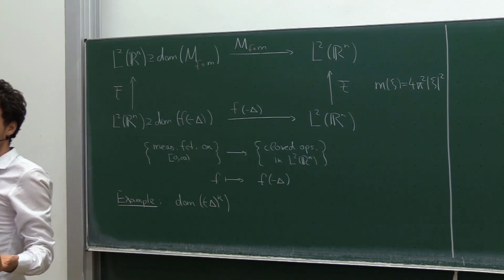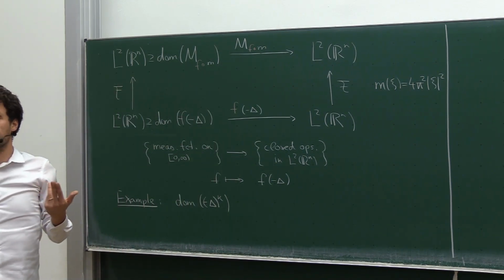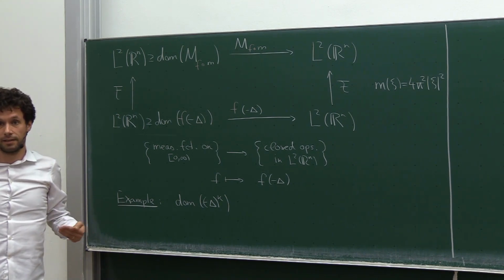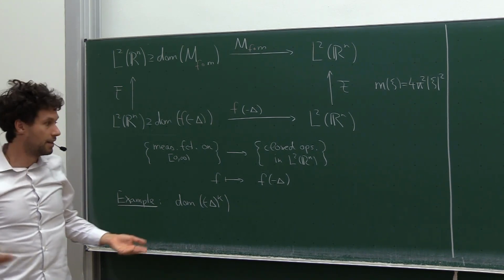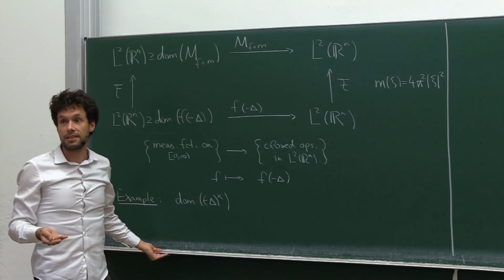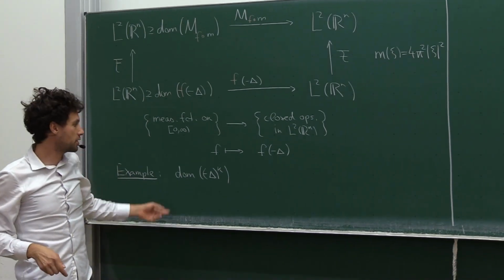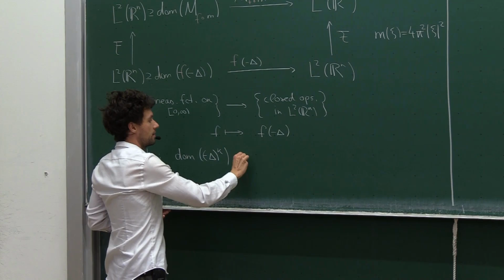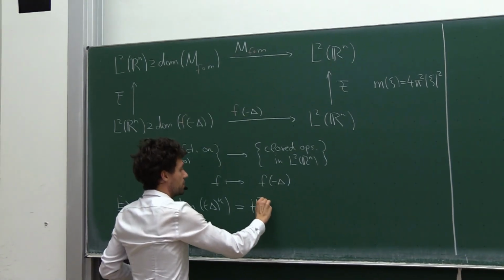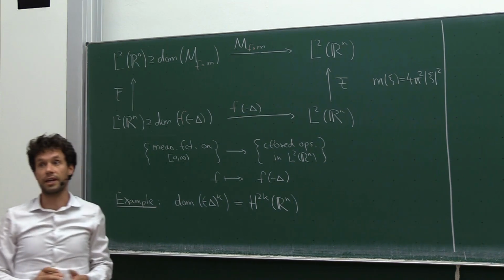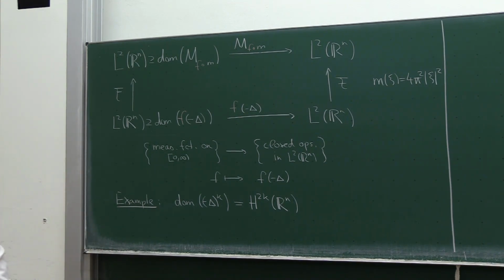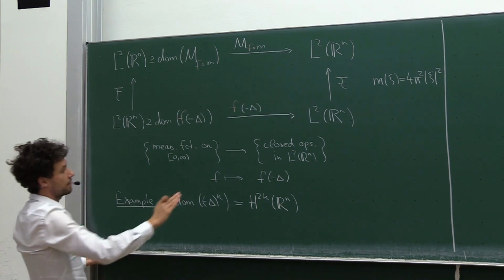The multiplication operator with the symbol psi to the 2k, with maximal domain in L2, even though we didn't call it like that, already appeared in the very first result of Monday's lecture, and it showed us that this thing with a graph norm is precisely the Sobolev space of order 2k. It was exactly the same thing. So in particular, this operator is a closed operator, and so on and so forth.